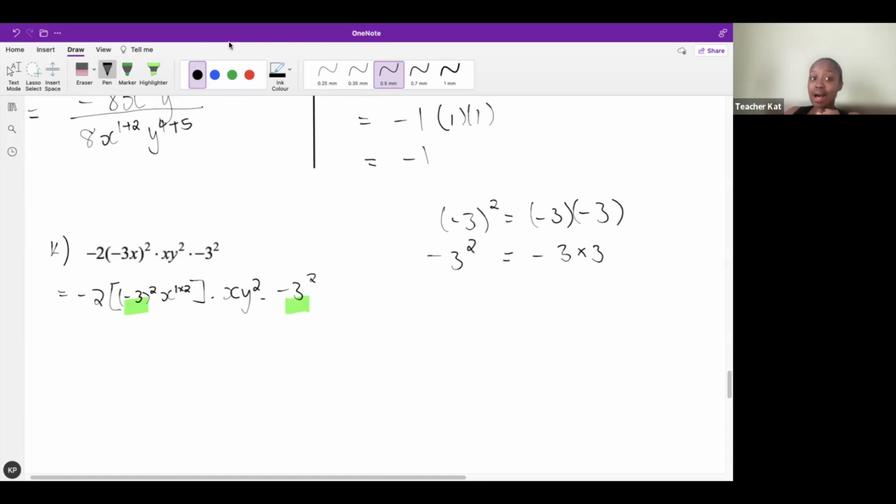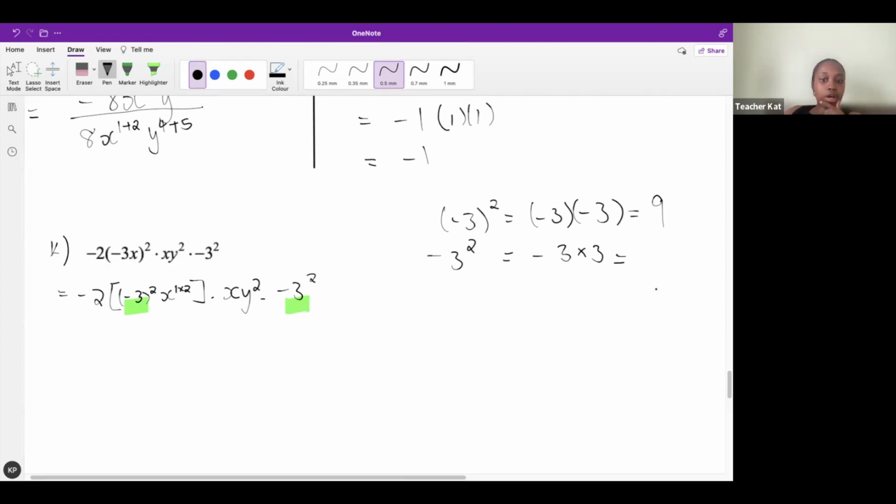That negative that is outside the bracket is not squared. The only time you square the negative is if it's inside the brackets. Hopefully we all understand that. So the answer for the first one will be what? What's -3 times -3? -3 times -3 is +9.